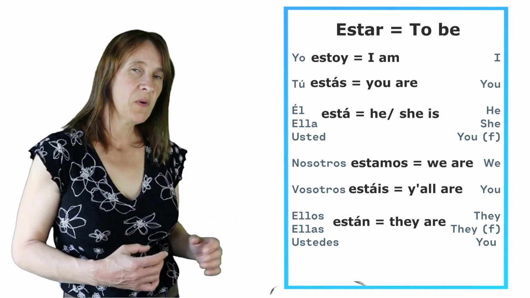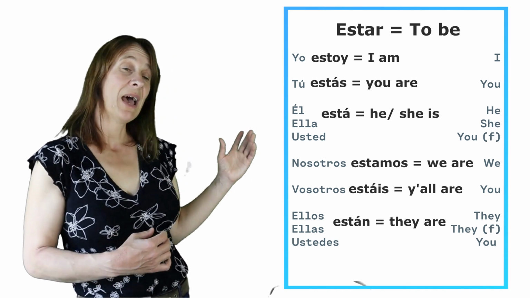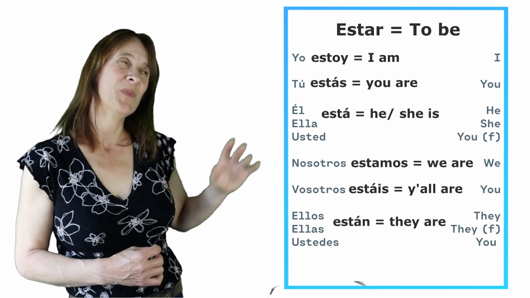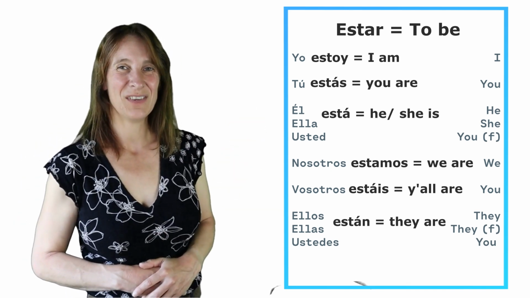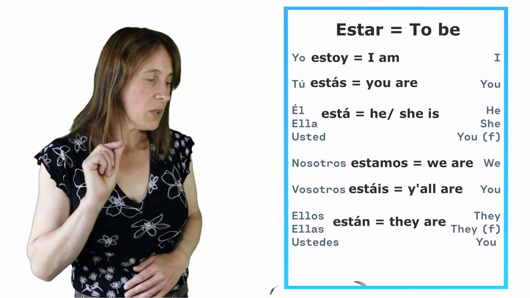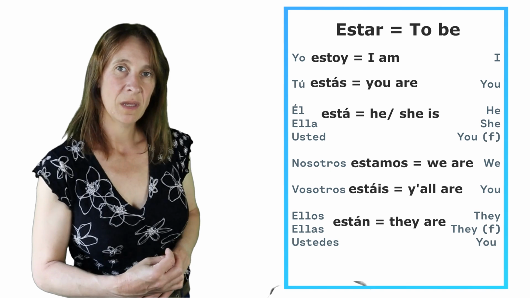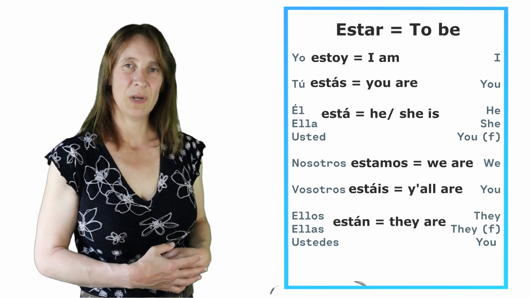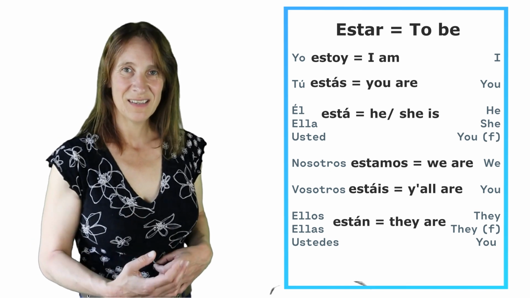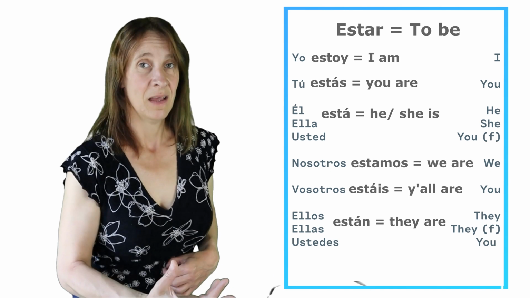So there's no accent on estoy. So we're going to have it on that second syllable anyway, and I'll explain the rules of pronunciation to you later. But maybe you could just make a little mark to say that estoy, hoy, is where you have the strongest part of the word. Estás, está. So don't say esta, say está.